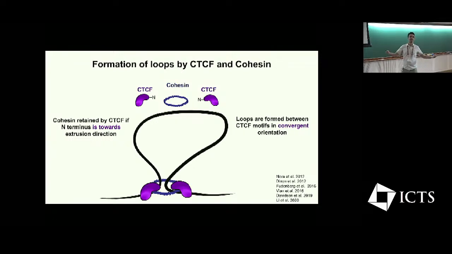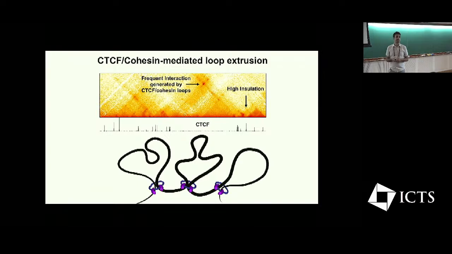And so that means that if you have convergent CTCF motifs pointing at each other, that is able to maintain a stable loop, even if, as we now know, these stable loops don't live for that long inside the cell. If you don't look at Hi-C maps all day like we do, this is how CTCF loops can look in a Hi-C map.